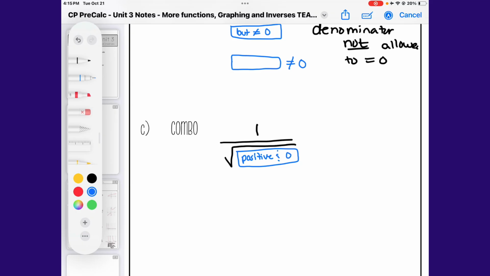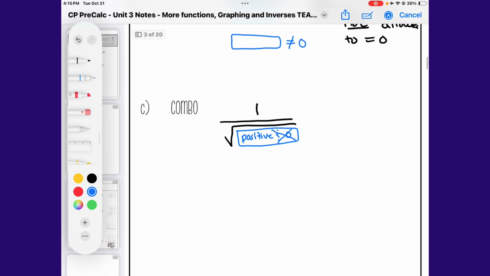But because it's underneath that radical in the denominator, it actually cannot equal 0. So the denominator and radical is a combination of both of those things. When we solve for this domain restriction, we'll take whatever is underneath the radical, and this time we will just say, hey, you have to be greater than 0 because you're not allowed to equal 0 in the denominator. All right, let me show you some examples.